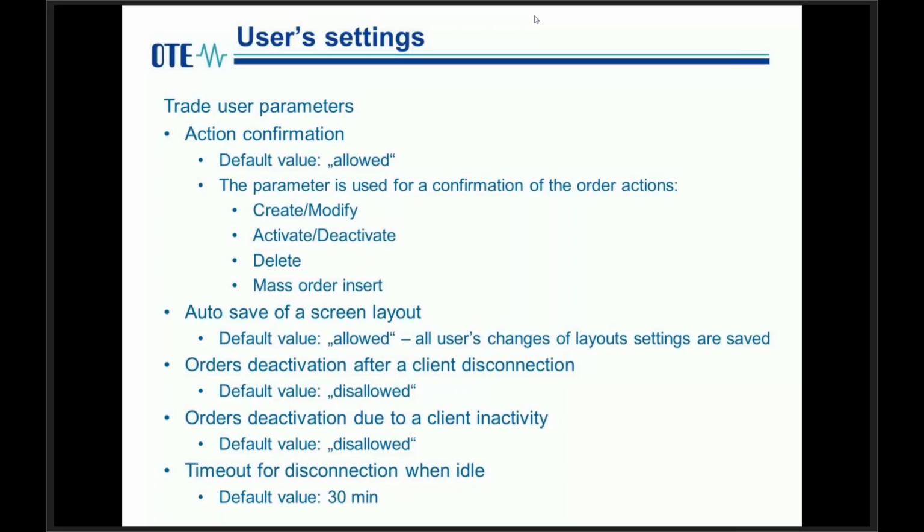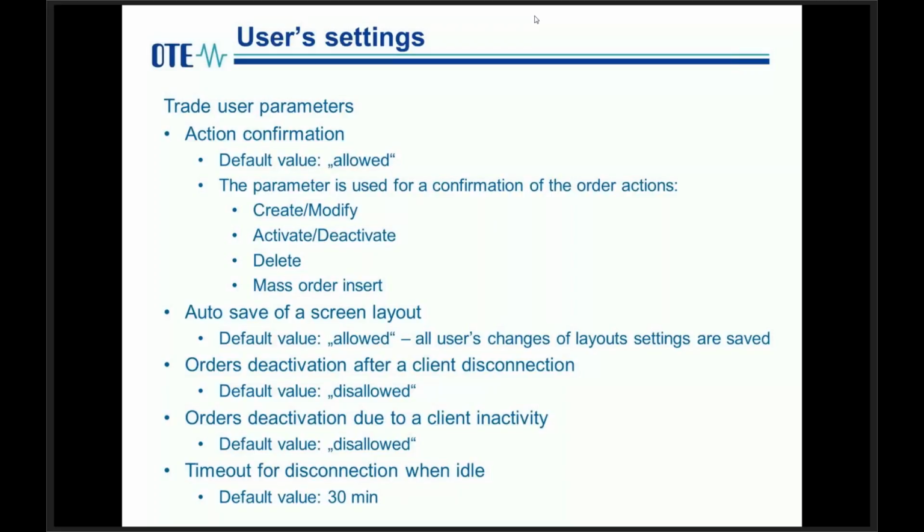By default, the orders are stored in the system even if you disconnect, or when some technical problems occur and you are disconnected immediately. This is what the parameter 3 determines. But you can also, for example, specify that your active orders are then deactivated.